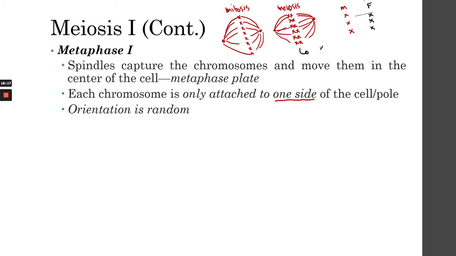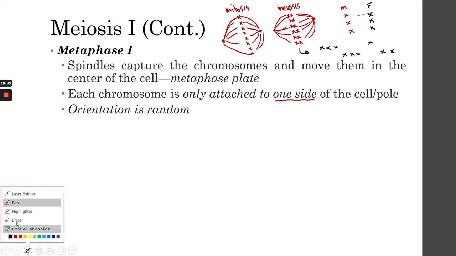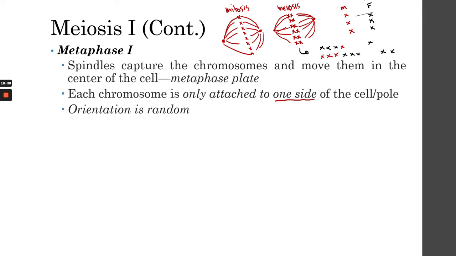It could be that one side has three from the father and the other three are on the other side, so it's something like this. And then the mother side is also randomly placed. Some are placed on one side and the others on the other side.